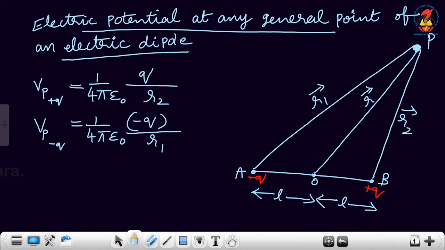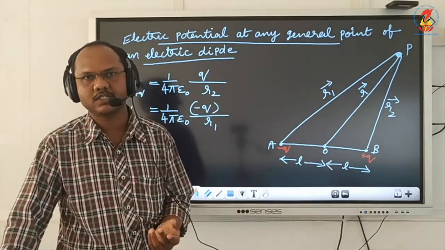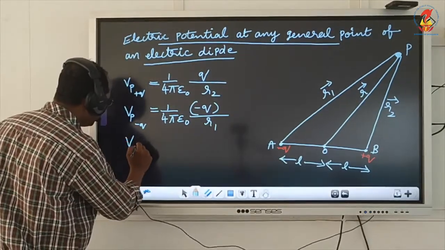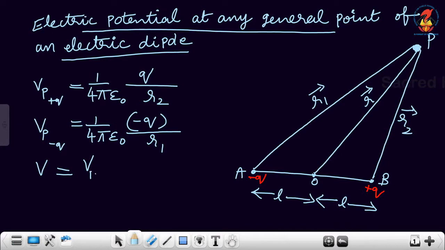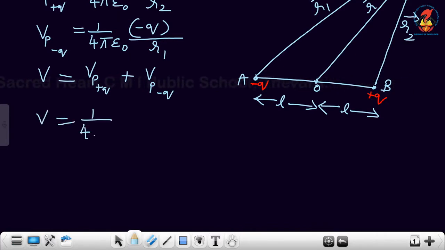Now how will we find the total potential? We got two potentials. We can simply add both. So I am writing V is Vp due to plus Q plus Vp due to minus Q. So 1 by 4 pi epsilon 0, Q is also common, so I take Q outside.